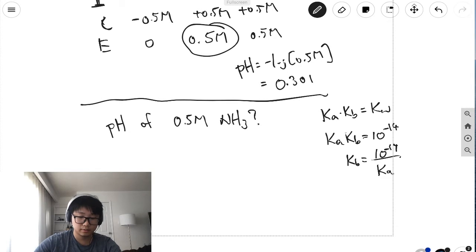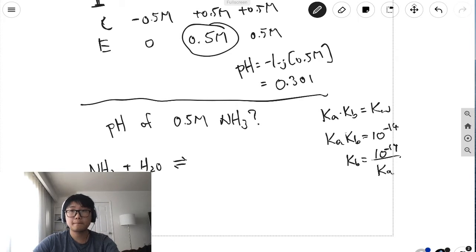Because let's write out the equation this time, right? So NH3, what's the equation? I'm reacting with what? Water. What do I make that equilibrium with? Yeah, just think about what is my base. Is NH3 a base or an acid?